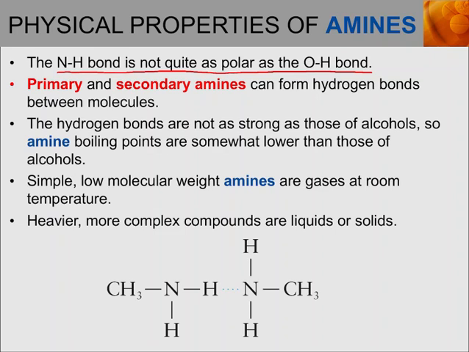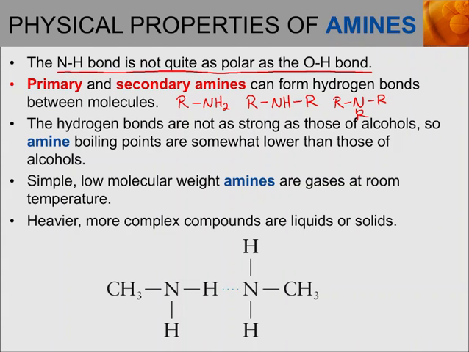Now, primary and secondary amines do have hydrogens attached. So for instance, a primary amine has one alkyl group. A secondary amine has two alkyl groups. And then a tertiary amine has 3 alkyl groups.